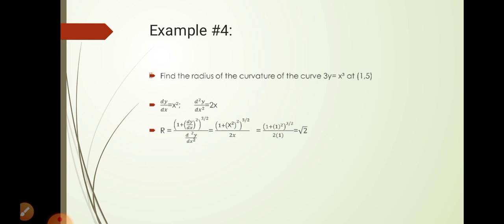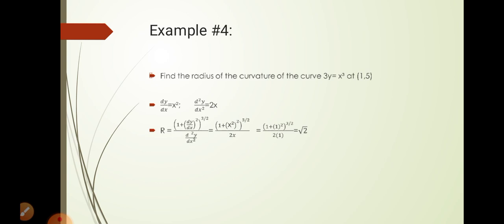So we have r is equal to the quantity of 1 plus dy over dx squared to the power of 3 over 2 over d squared y over dx squared.